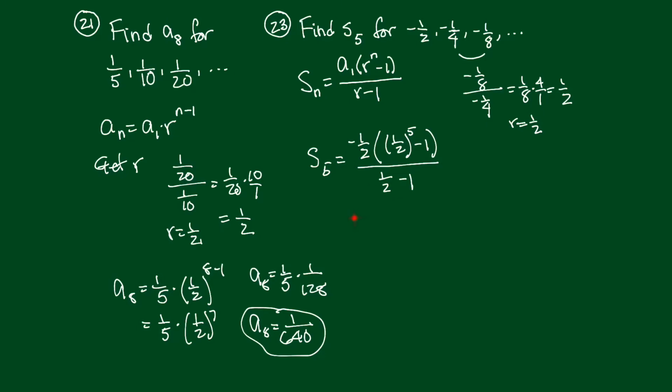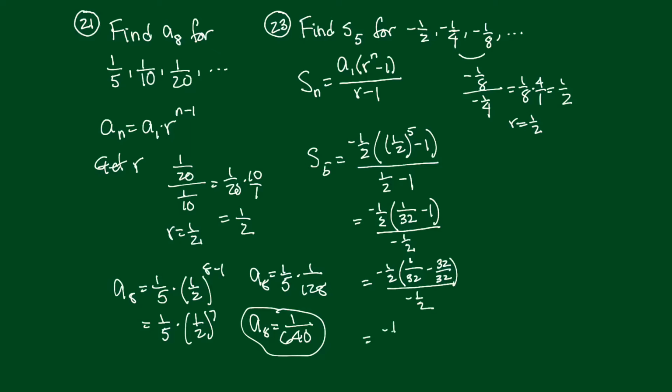So let's simplify. This is going to be negative 1/2 times, now this is 1 over 32 minus 1, all over negative 1/2. Let's write it like this: 1 over 32 minus 32 over 32, right? Just get a common denominator, all over negative 1/2.